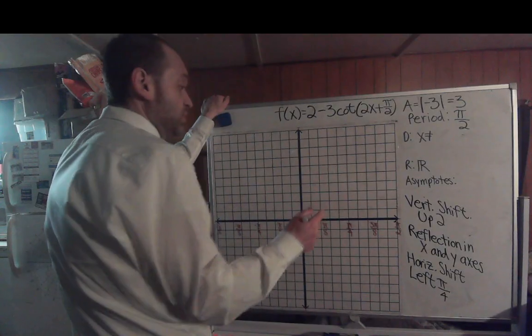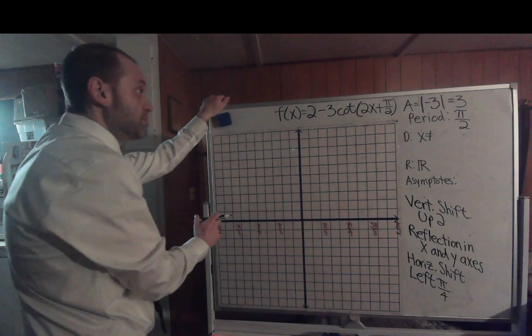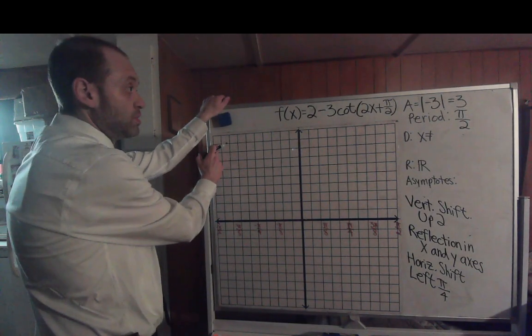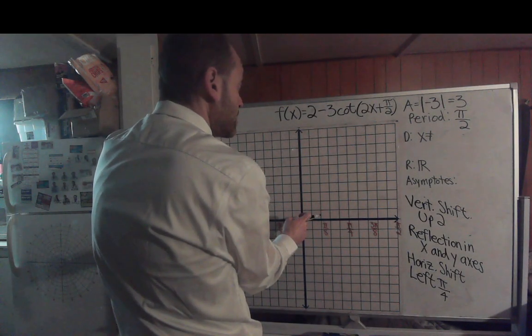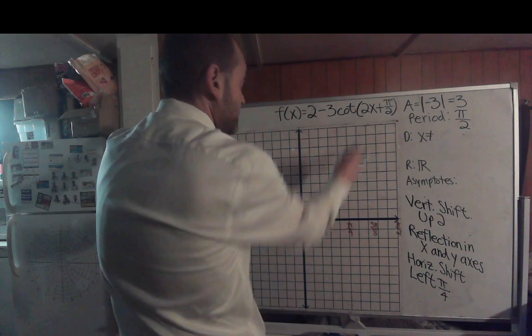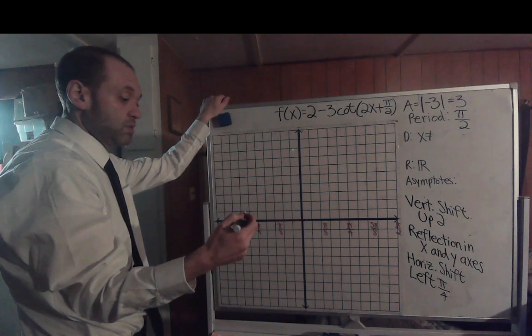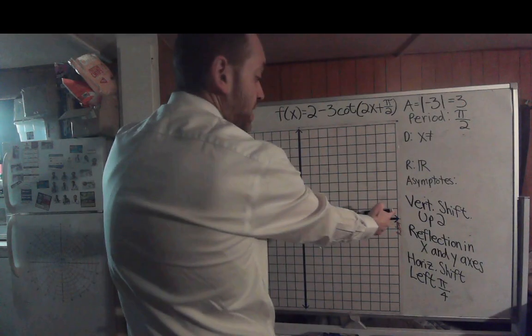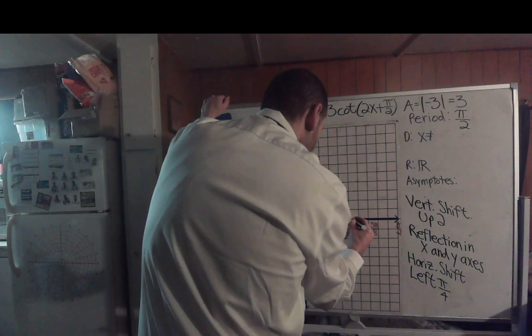Yes, because you would end up getting pi, or you would end up getting 0, except for 0 itself. If you put in x equals 0, you would get the cotangent of pi over 2, which is 0. But we have to shift it left pi over 4, which should actually put you then at pi over 4.